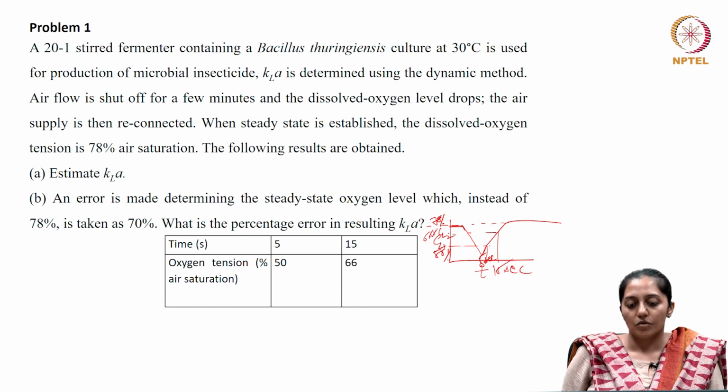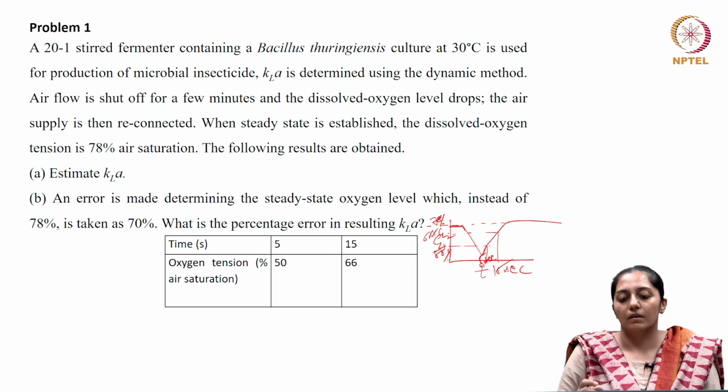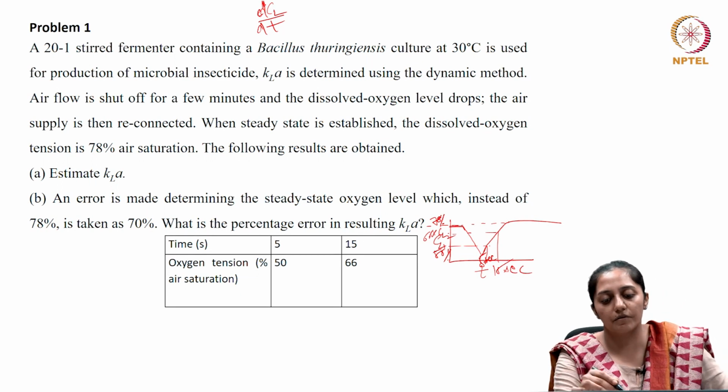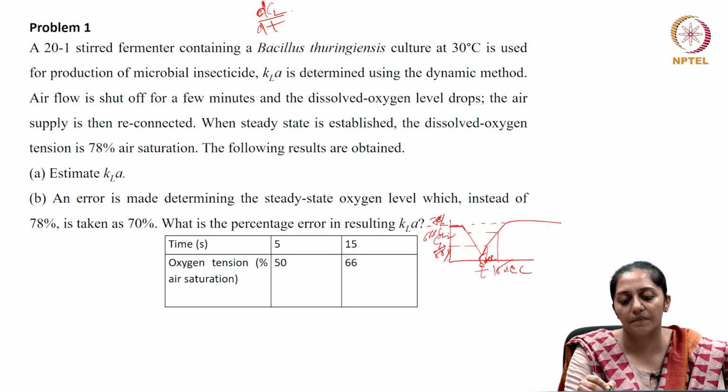Okay. So if you remember the mass balance for oxygen, the rate of accumulation of oxygen in the medium, where Cl is the concentration of dissolved oxygen in the medium, was given by the difference between the OTR and the OUR.